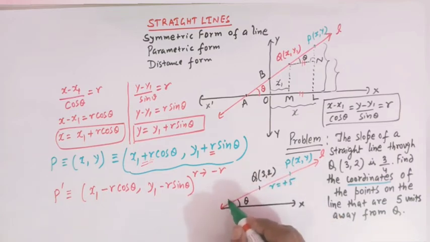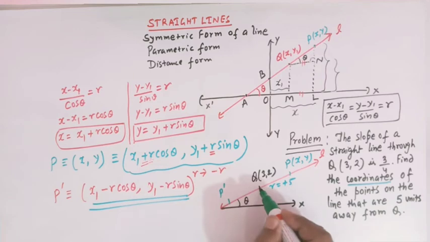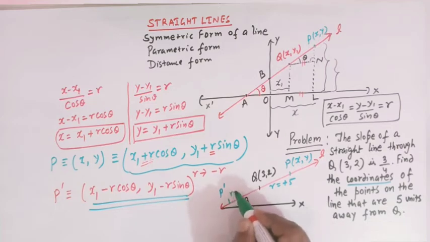And if we take here the point P prime, which has the coordinates given by these coordinates, so this point P prime is at a distance of minus 5. R is minus 5 from this point Q, right?